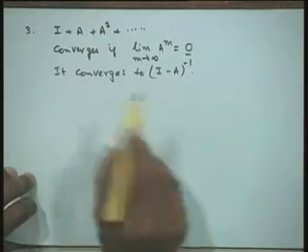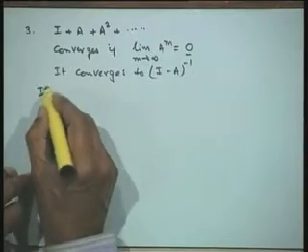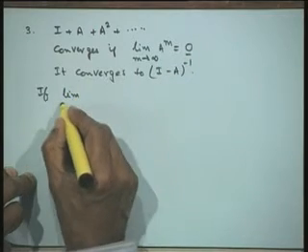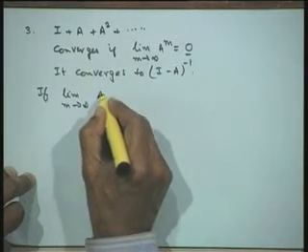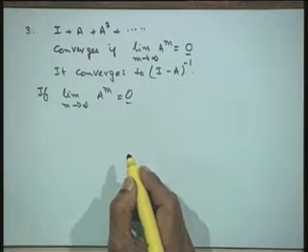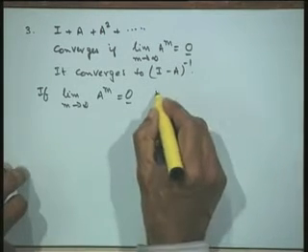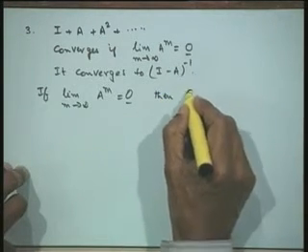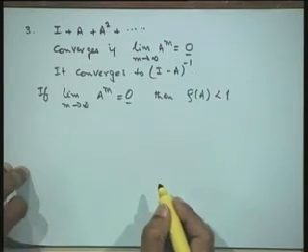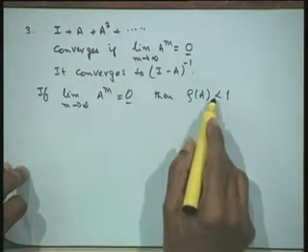Now let us prove this. This is just one line. So let us take, if this is true, if the limit as m tends to infinity of A to the power of m is null, then from the previous result the spectral radius of A is less than 1. We have just shown that the spectral radius is less than 1.